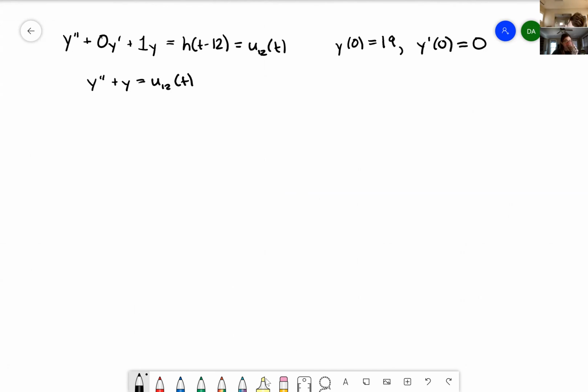Well, if we take the Laplace transform, we get s squared capital Y minus 19s equals, and let me double check my Laplace transform table so that I don't mess it up, e to the minus 12s over s.